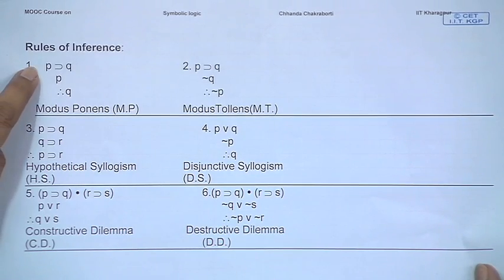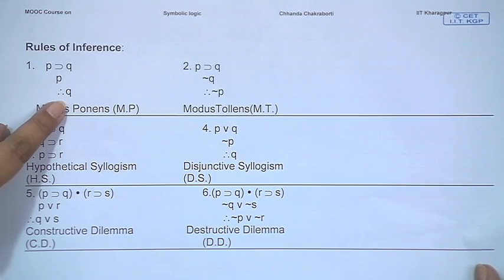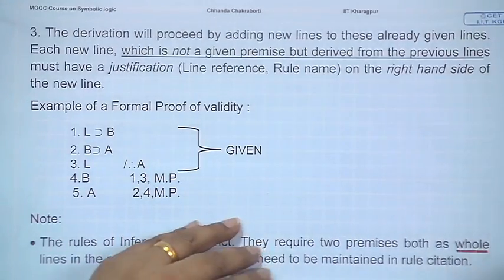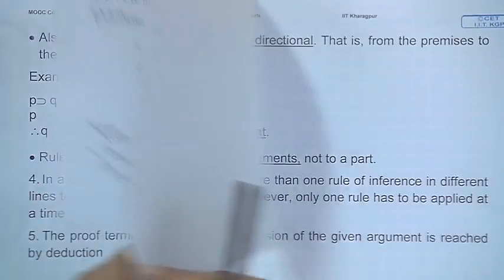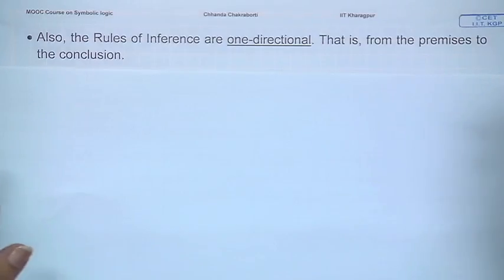So, let us revisit the rule once more. Which rule did we use? We used modus ponens, which looks like this: you have P horseshoe Q and P, then you can pull Q out. This is what we have used in this proof. Let me take you further: rules of inference, remember, are one directional, that is, from premises we go to the conclusion, and that direction is not to be changed.